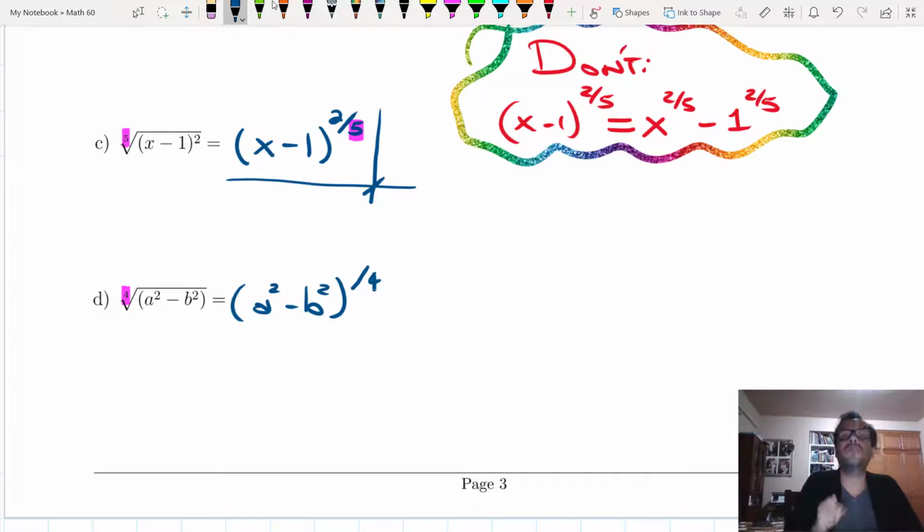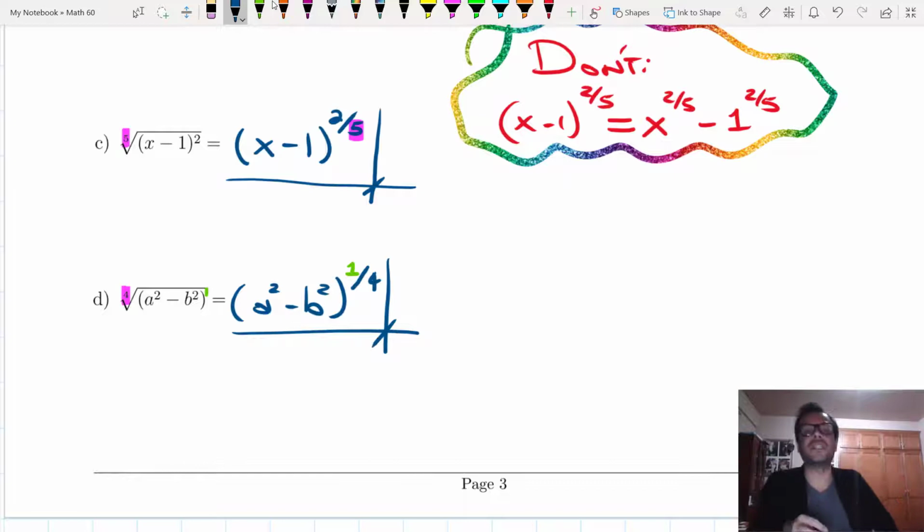But what is the numerator of the exponent in this case? Well, keep in mind that this a squared minus b squared is raised to an invisible 1 there. That invisible 1 is going to be this 1 right here. And do we do anything else from here? No, that's the final answer. That's about it.